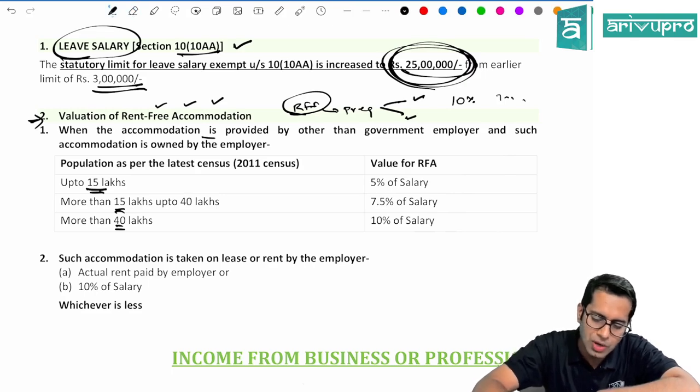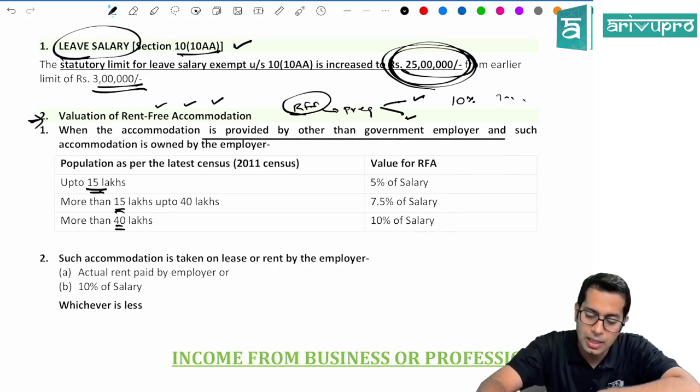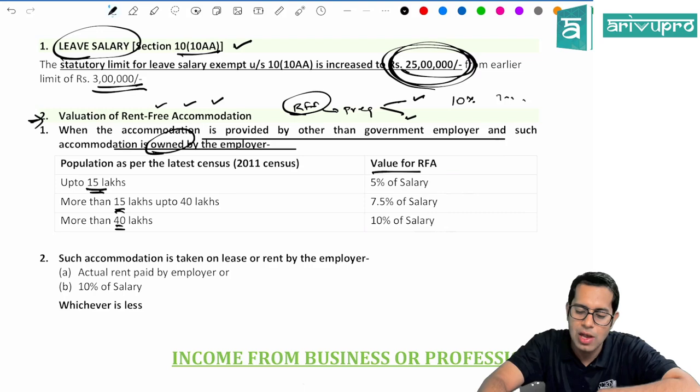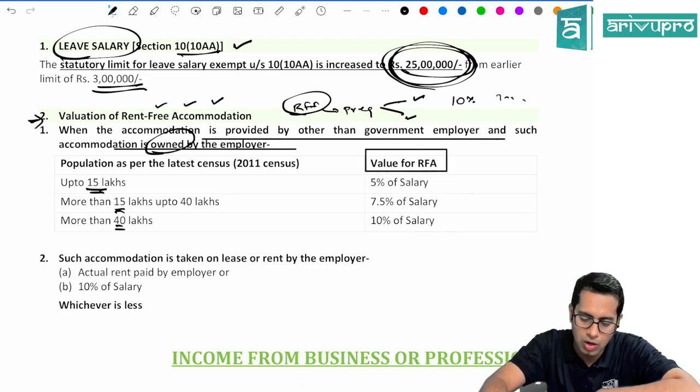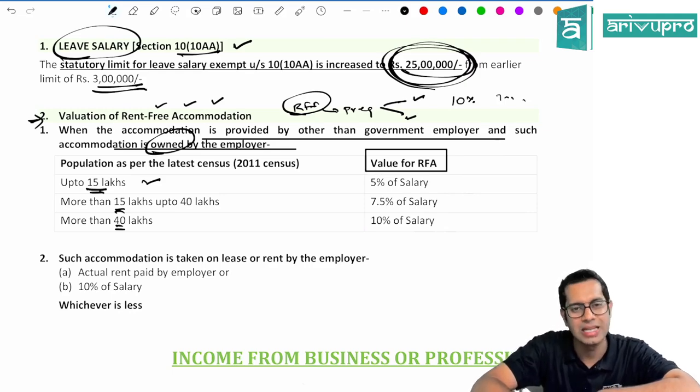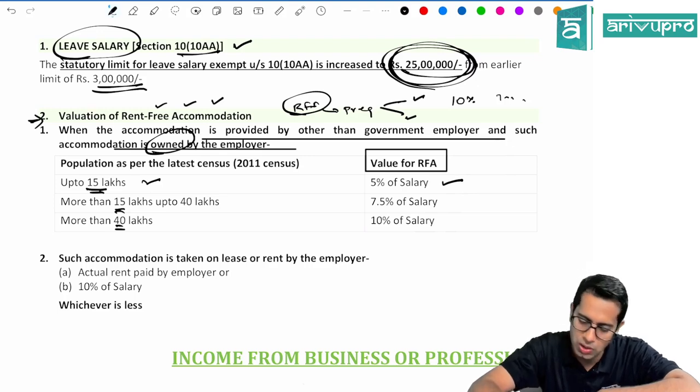When rent-free accommodation is provided by an employer other than the government, and such accommodation is owned by the employer, then how much will be the value of rent-free accommodation? If the population of the area in which you are staying is up to 15 lakhs, then 5% of salary will be the value.